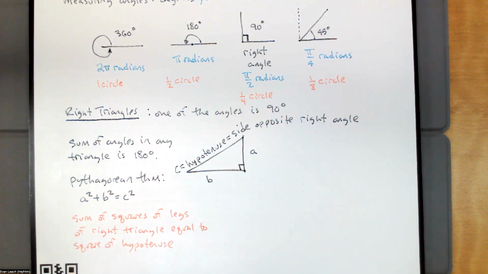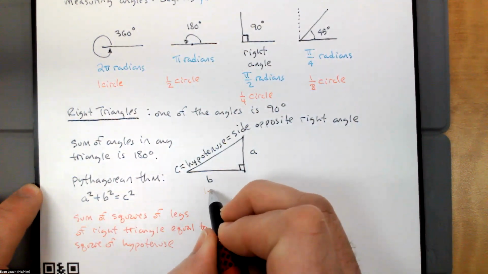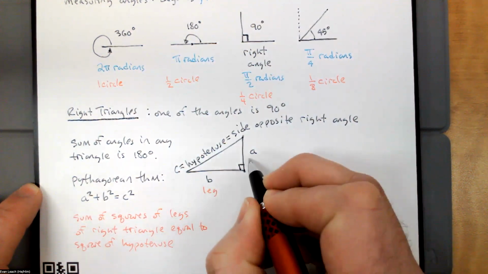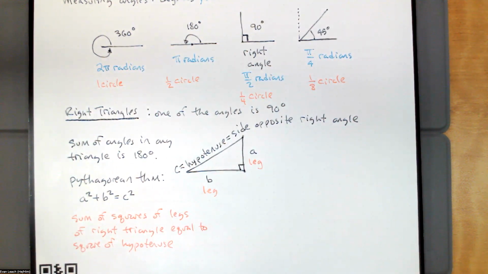Or, using our awesome algebra language, a squared plus b squared equals c squared. So a and b are the legs of the triangle, and c is the hypotenuse. It's the specific side that's opposite the right angle.